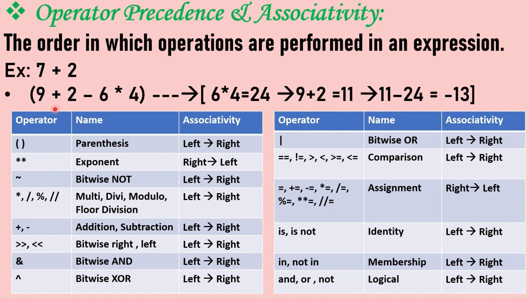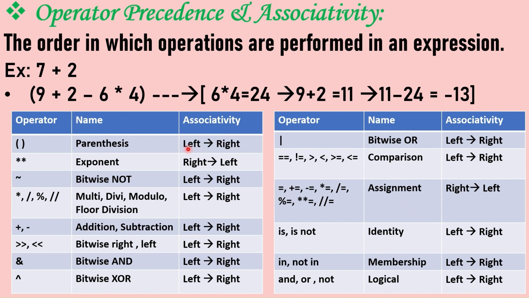Whenever your expression contains parentheses, say a statement that consists of two expressions within parentheses, the first expression inside the parentheses will be evaluated first, and then the next expression. So parenthesis is given the highest priority compared to the other types of operators, and the associativity is from left to right.